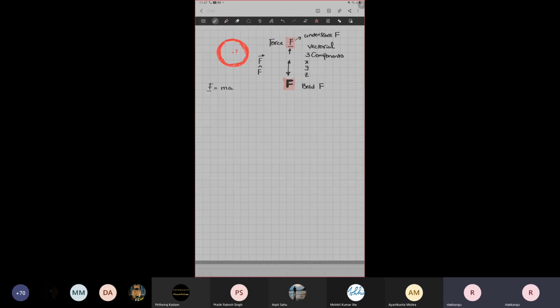Where to apply that? If it is sliding, we can apply anywhere. Anywhere? You mean here? On the tire, on the body. But where do you write this F is equal to ma equation? For the center of mass.